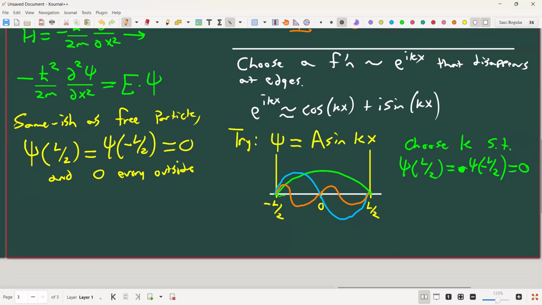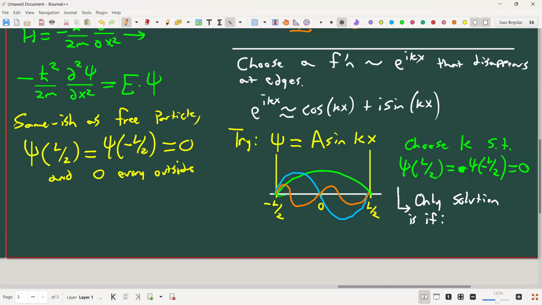The only solution is if the wave itself has to go through some integer number of pi radians, n pi radians.